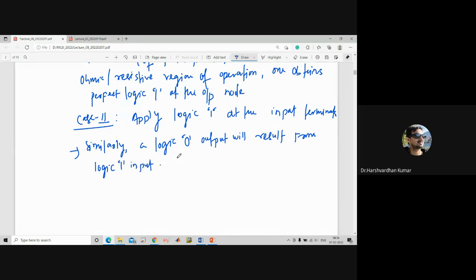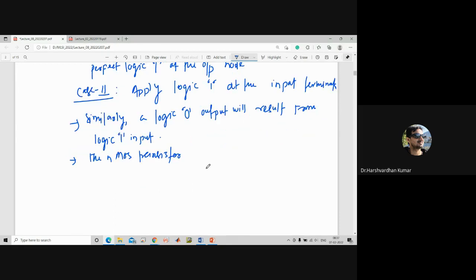The NMOS transistor connected at the bottom will turn on when its gate, the input terminal, is given a logic 1.